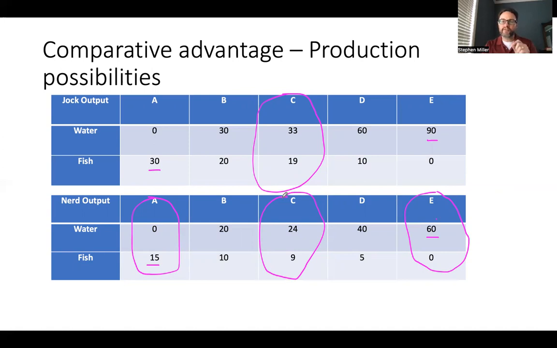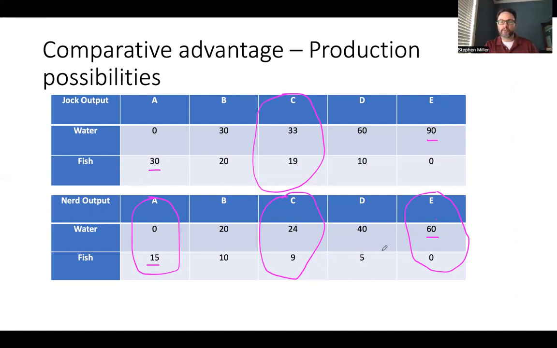This is a case of comparative advantage. Although the jock has an absolute advantage over the nerd in both getting water and catching fish, the nerd actually does have a comparative advantage here. And that's because the nerd's opportunity cost of getting water is lower than the jock's. The nerd is 2/3 as productive as the jock is in getting water, but he's only half as productive as the jock is in catching fish.